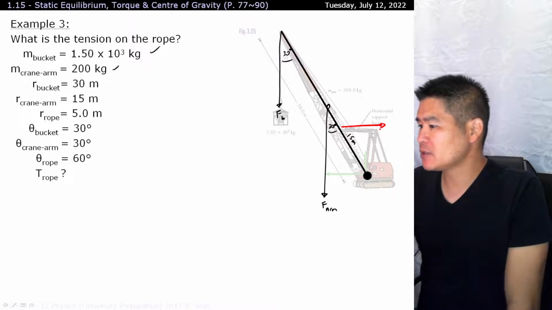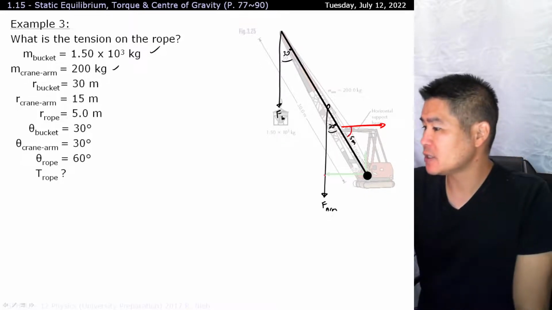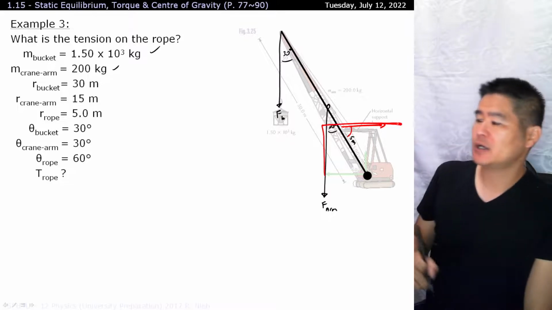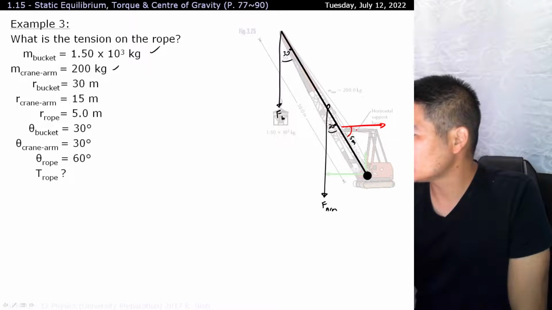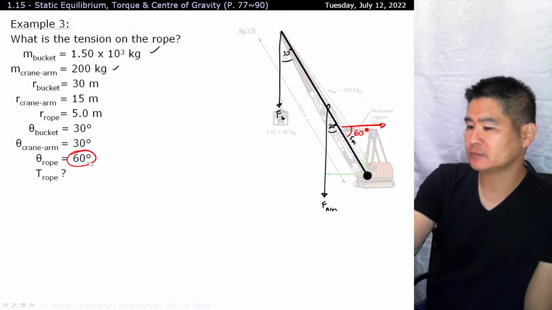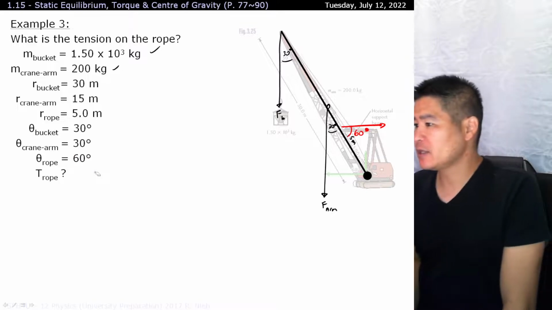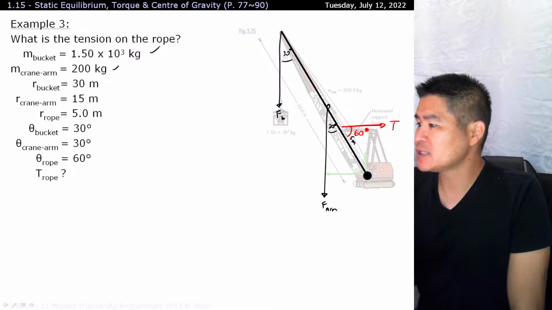Okay, one thing to watch out for is that the angle over here is not 30 degrees, as these two are complementary angles. If it's 30 degrees down here, then over here it must be 60 degrees, which I have listed over here. Okay, I think all the information is given to you here, so go ahead, try solving for the tension.